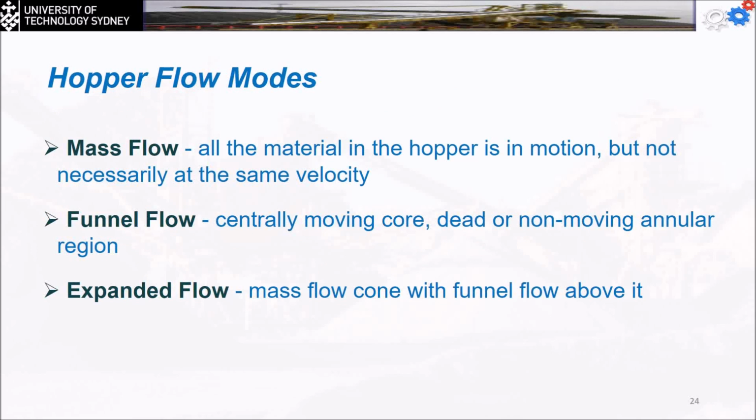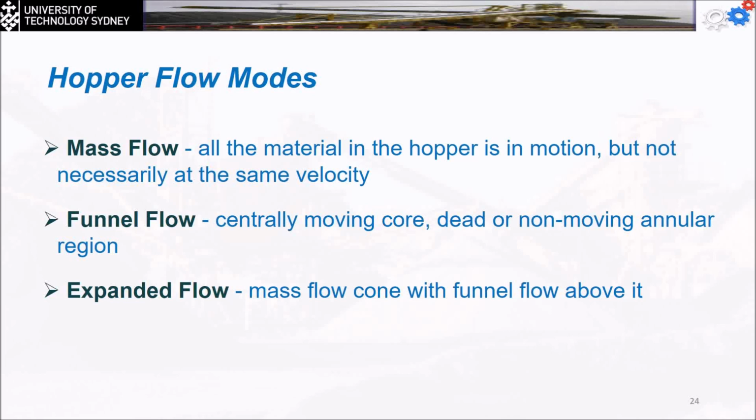So the hopper flow modes, as we mentioned earlier, are the massive flow, the funnel flow, and the expanded flow. In the massive flow, something we're recalling from lecture number 1, all the material in the hopper is in motion at the same time, but not necessarily at the same velocity.